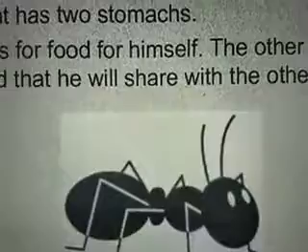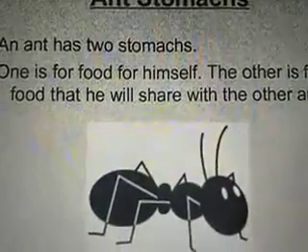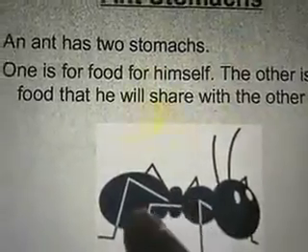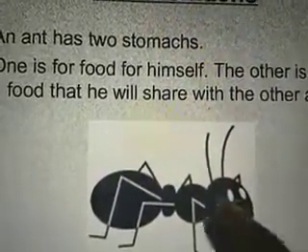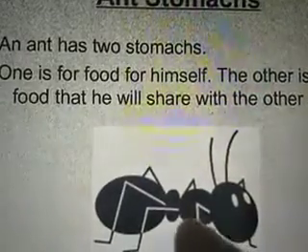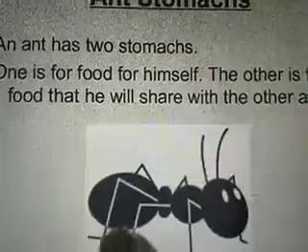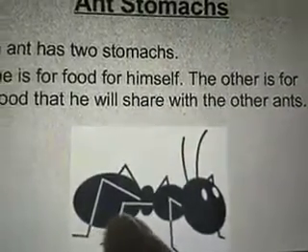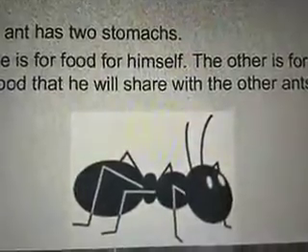Now you can see the ant's stomach. It is saying that ants have 2 stomachs. When it eats food, one stomach is for food for himself, and the other is where he stores the food that he will share with the other ants.